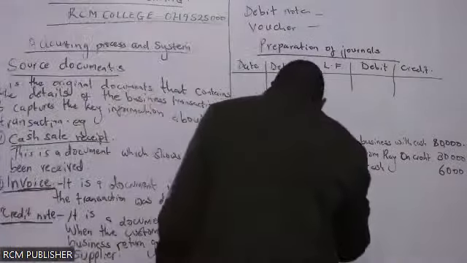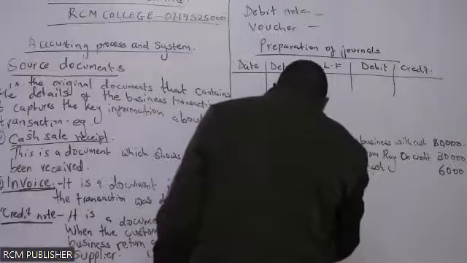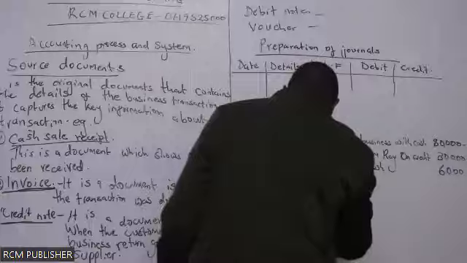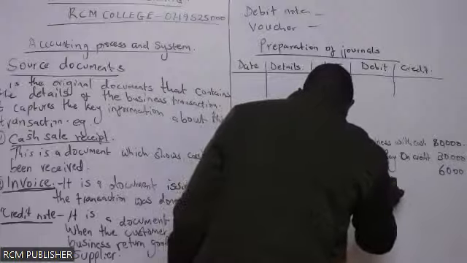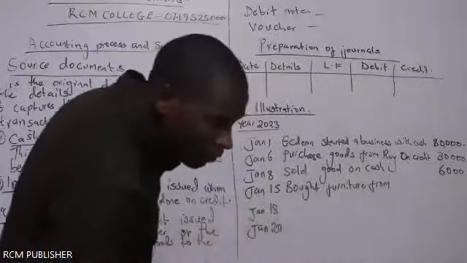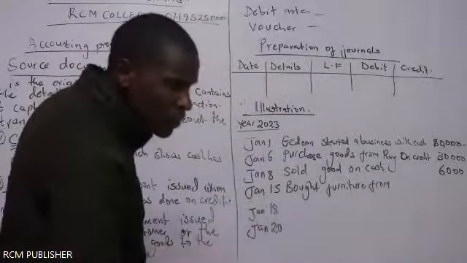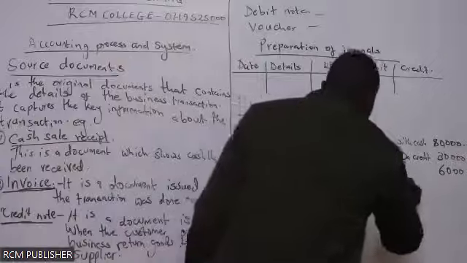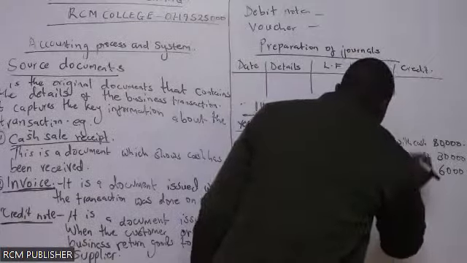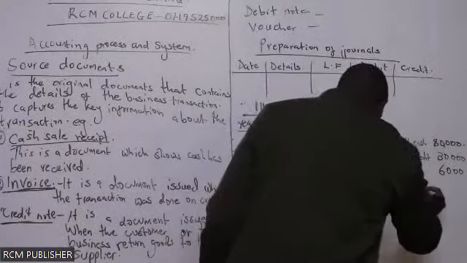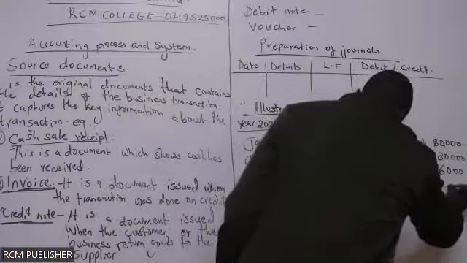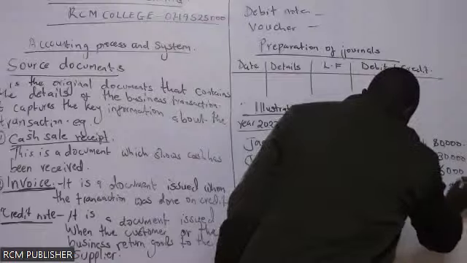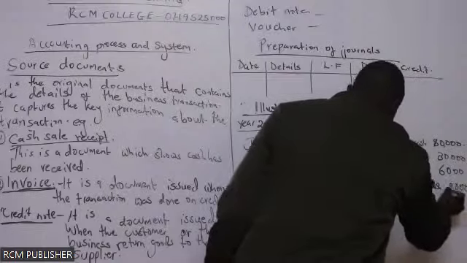On January 15, Gideon bought furniture from one of us here, from Lewis. Lewis ni muuzaji wa the furniture. Lewis for cash. Na hii sasa itakuwa 8,000. Amenunua furniture for cash, 8,000.